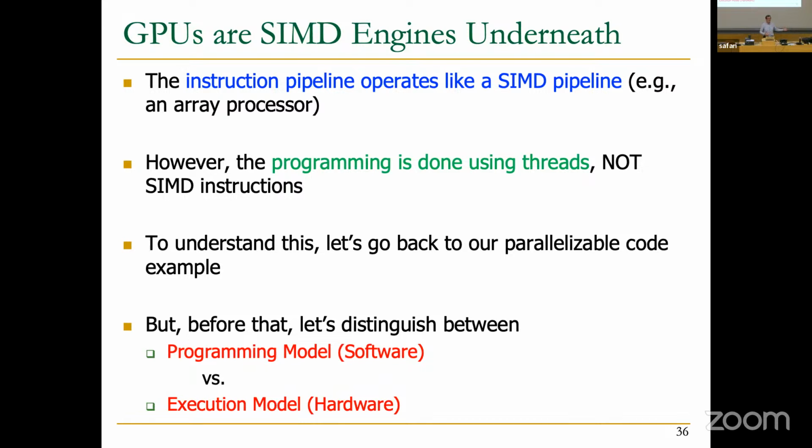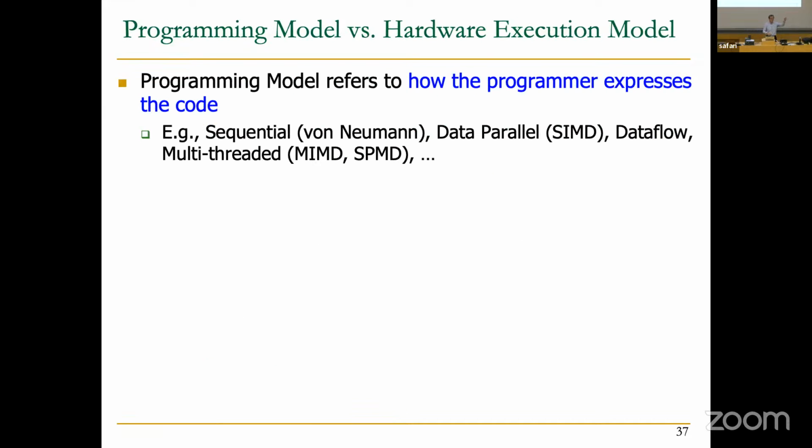You can have a von Neumann-based scalar ISA programming model, sequential code, and you can execute it data parallel. We converted the von Neumann program to a SIMD program in the earlier lecture. Data flow, we've discussed this. And multi-threaded, you break things into threads.